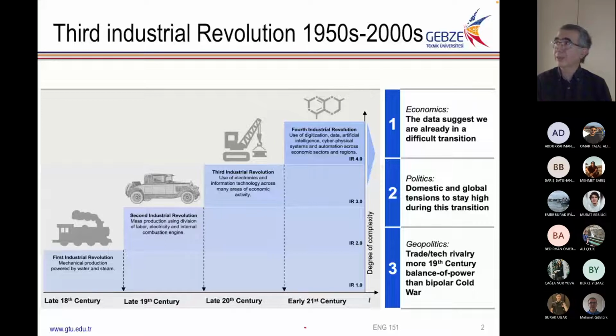So automation and electronics were the key factor. The Fourth Industrial Revolution is more about digitization, artificial intelligence, cyber physical systems, and biotechnology, etc.